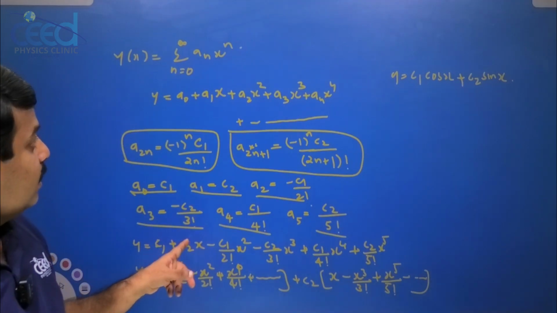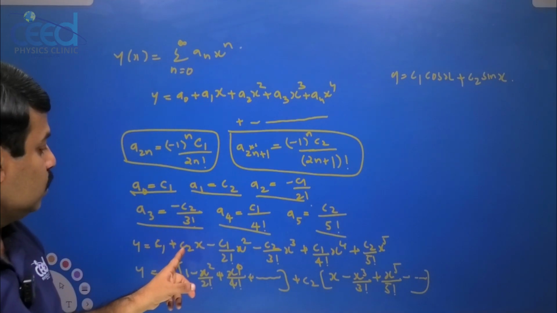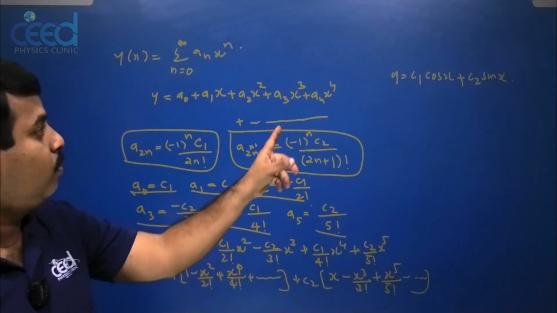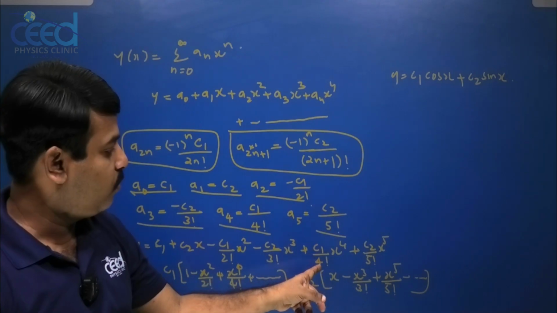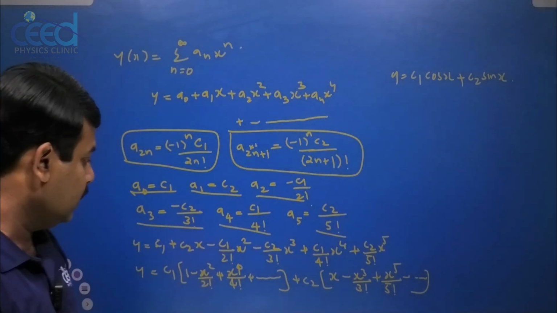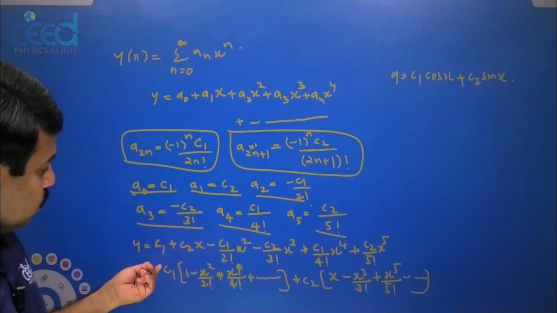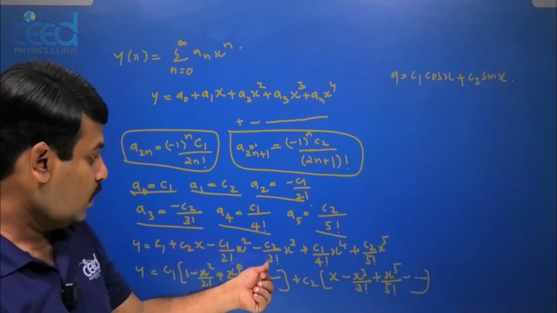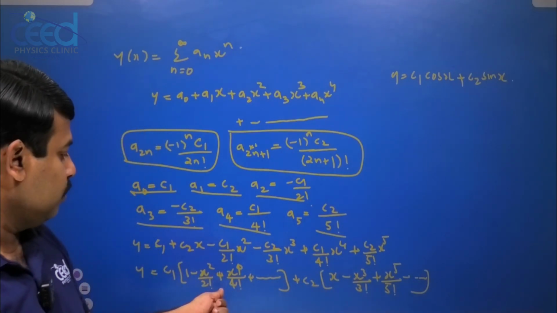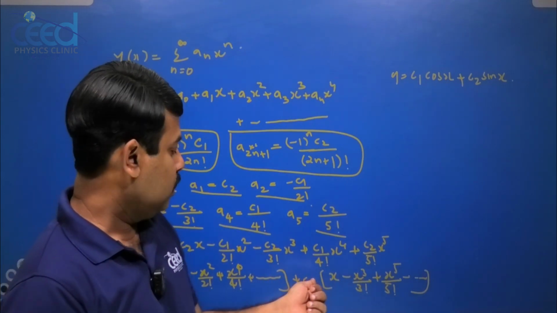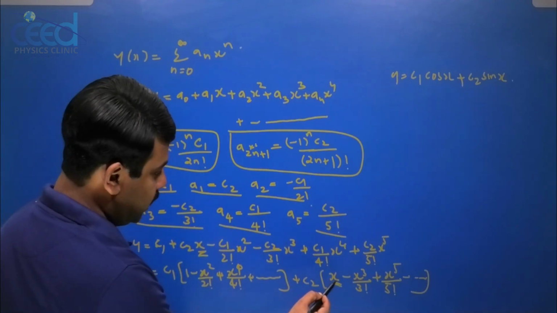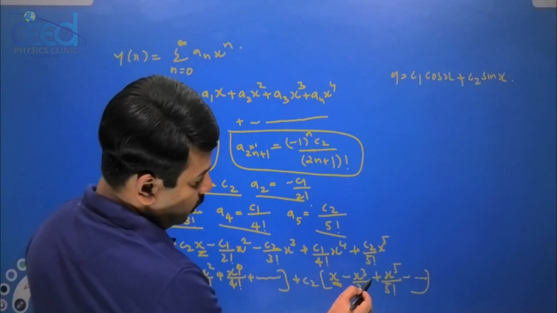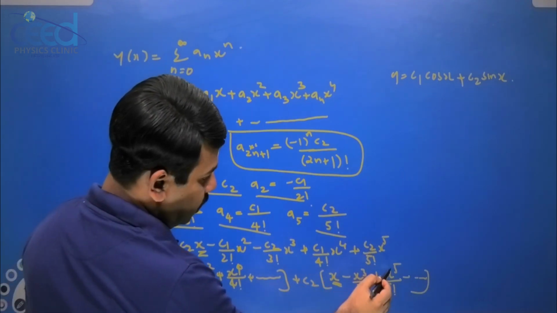So a0 is c1, a1 is c2, a2 is minus c1 by 2 factorial x square, a3 is minus c2 by 3 factorial x cube, a4 is plus c1 by 4 factorial x raised to 4, etc. Now y is equal to c1 taken out: 1 minus x square by 2 factorial plus x raised to 4 by 4 factorial, etc., plus c2 taken out: x minus x cube by 3 factorial plus x raised to 5 by 5 factorial.